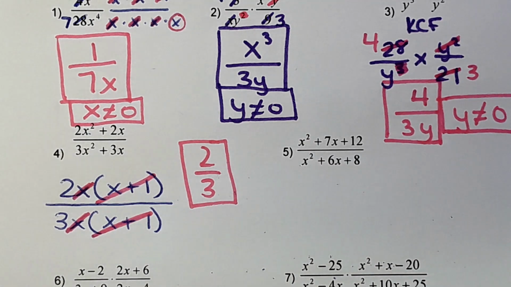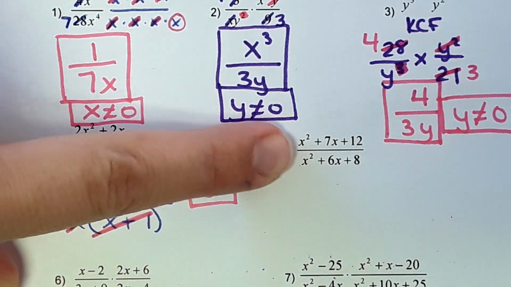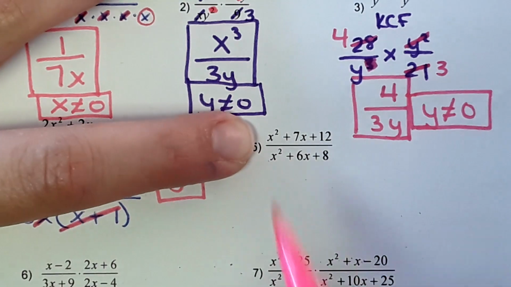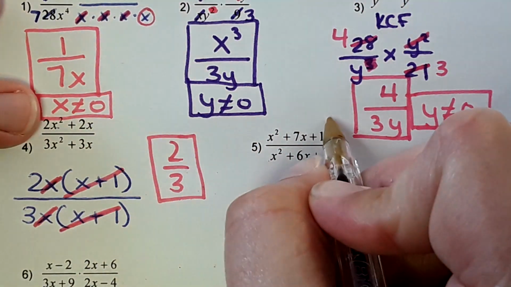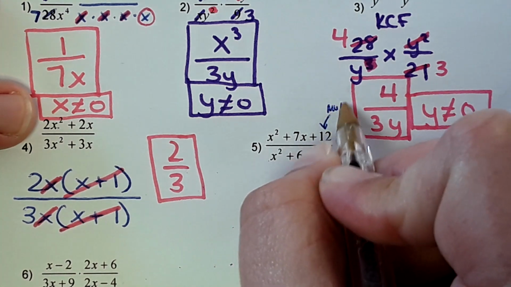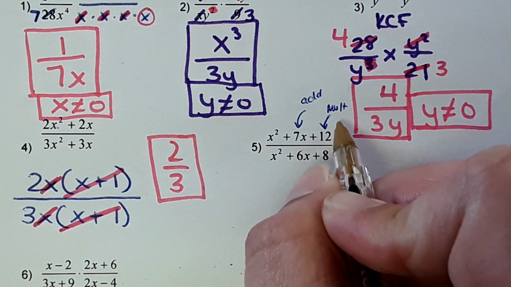Okay. Number 5. Just like we broke this up into factors, we're going to do that with number 5. But as you can see, we're going to need to factor it a little bit differently, like with x plus something and x plus something else. We need two numbers that multiply to this and add to 7. And that would be 3 and 4.